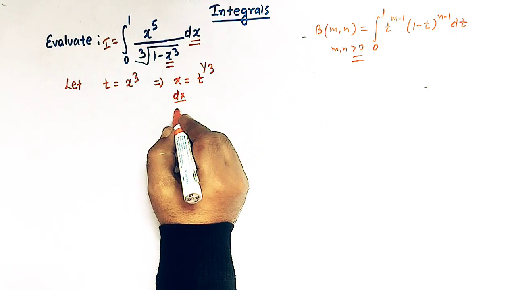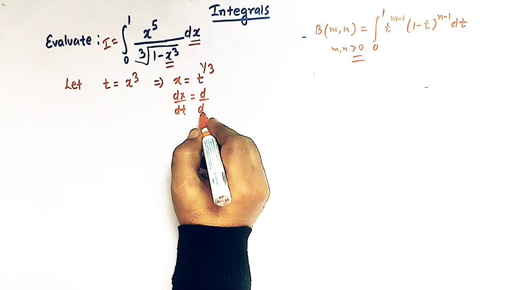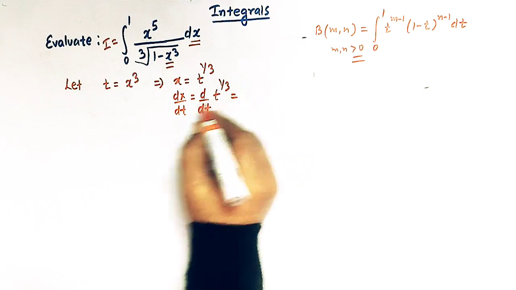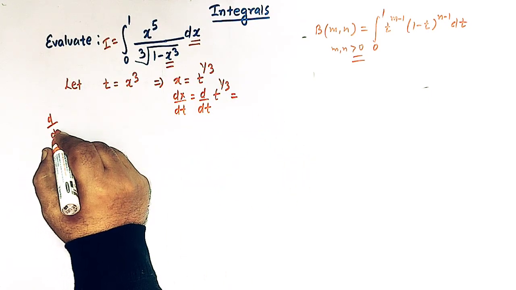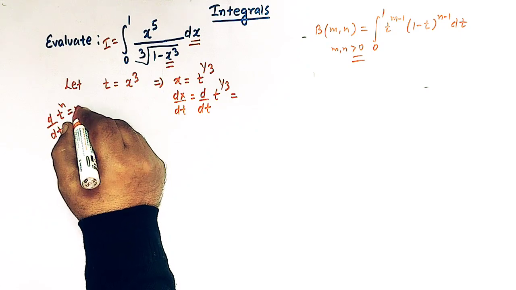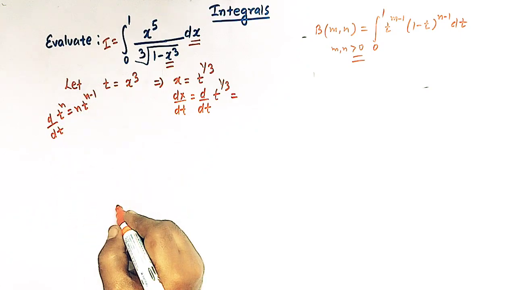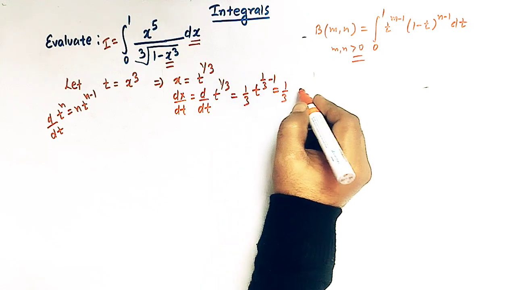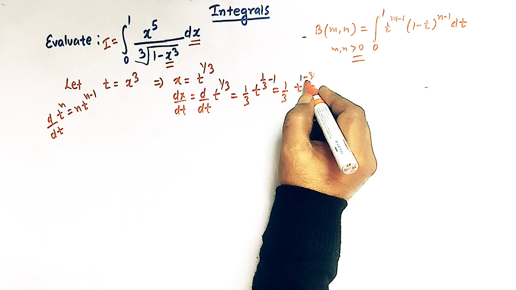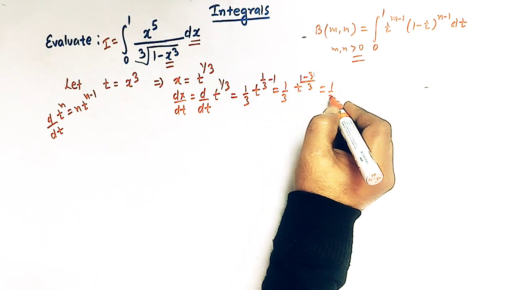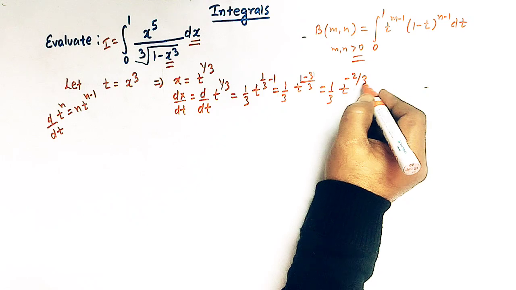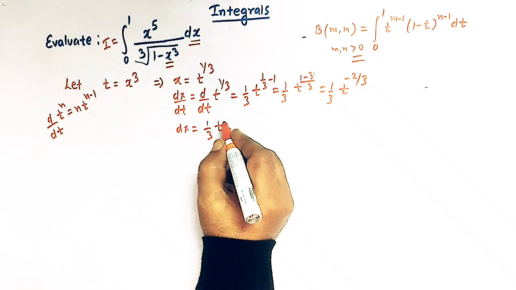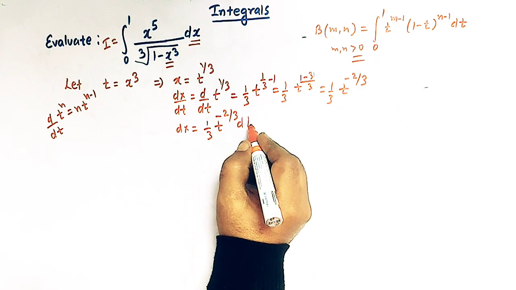We have dx over dt equal to d by dt of t raised to 1 over 3, and using the power rule, d by dt of t raised to n is n t raised to n minus 1. So we have 1 over 3 t raised to 1 over 3 minus 1, that is 1 over 3 t raised to minus 2 by 3. So we can now write dx is equal to 1 over 3 t raised to minus 2 by 3 dt.